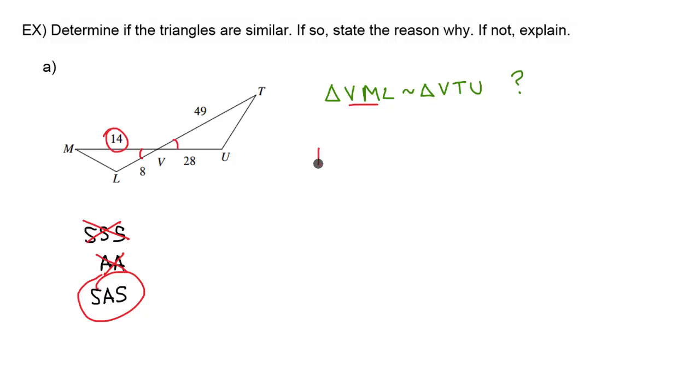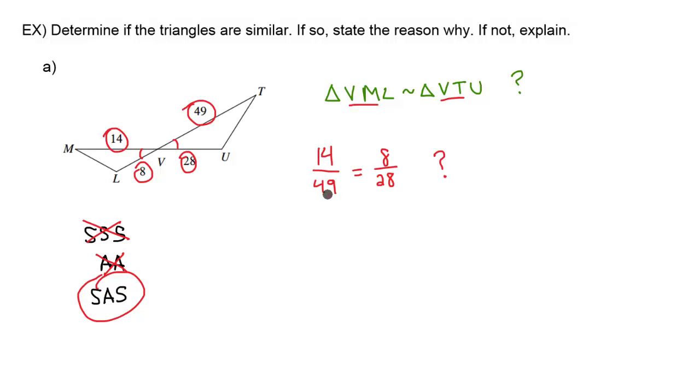So I have 14, and we divide that by the corresponding side of the right triangle. So VM matches with VT, which is 49. That's going to be set equal to my other corresponding sides, so that's going to be 8 divided by 28. Now, is this true? Will this equation work?